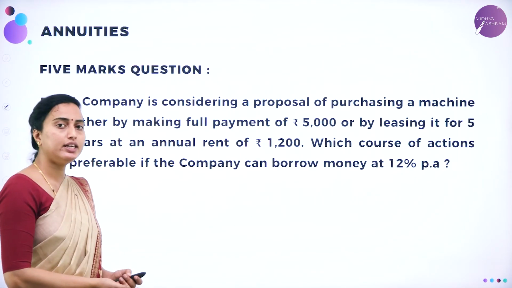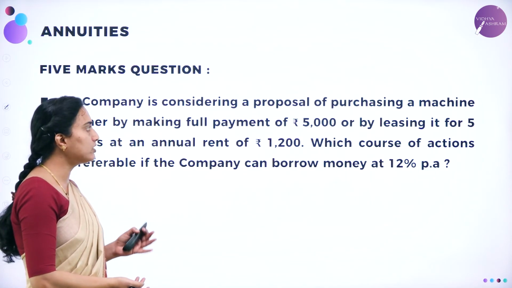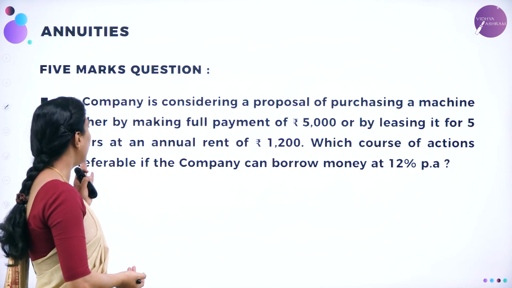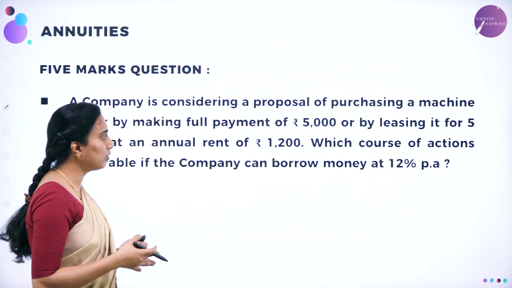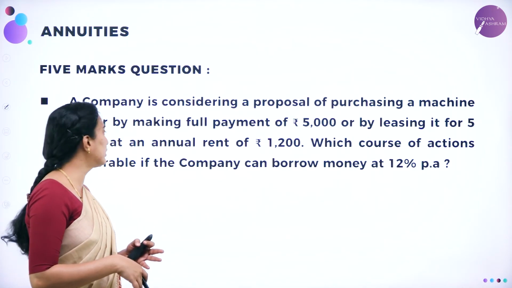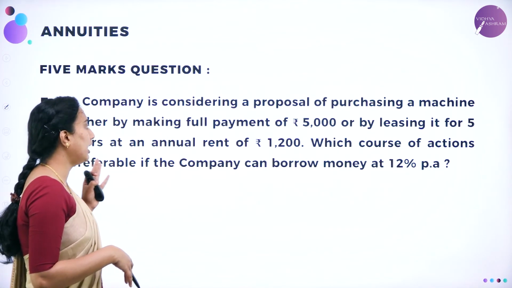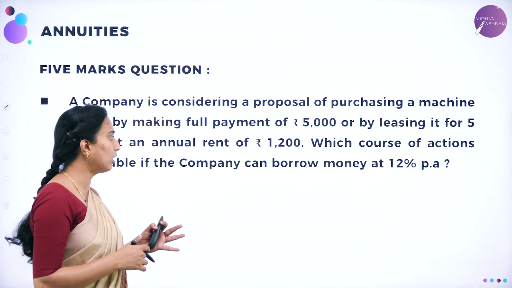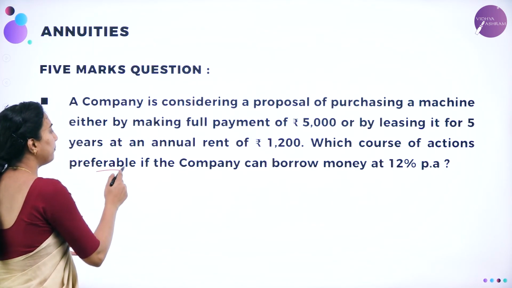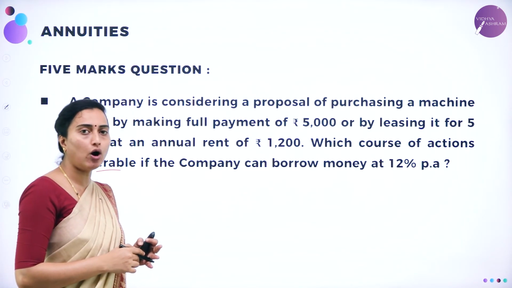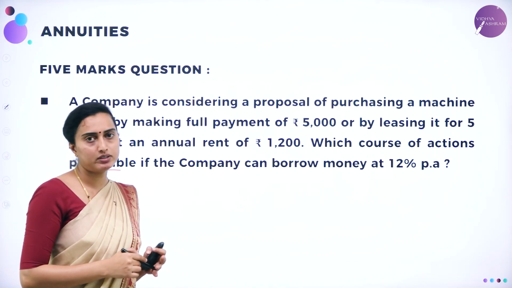A company is considering a proposal of purchasing a machine either by making a full payment of rupees 5,000 or by leasing it for 5 years at an annual rent of rupees 1,200. Which course of action is preferable if the company can borrow money at 12% per annum?